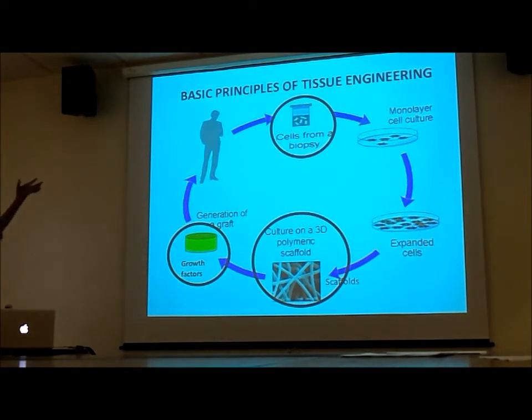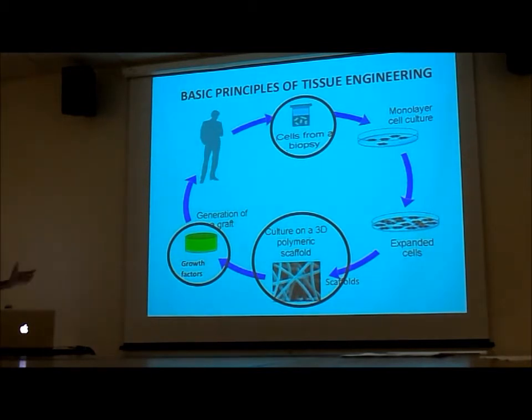We take cells from the patient, culture them in the lab, and put them into 3D scaffolds which provide support for the cells to grow inside and outside. We use growth factors to promote the growth of those cells, and once we have the tissue, we put it back into the patient's body. This is how it works.